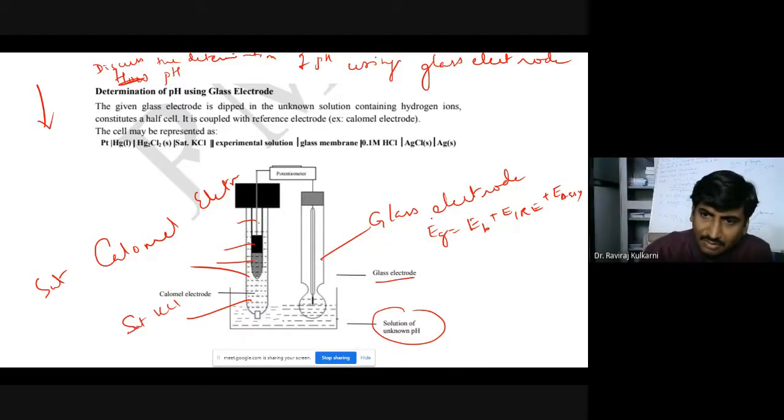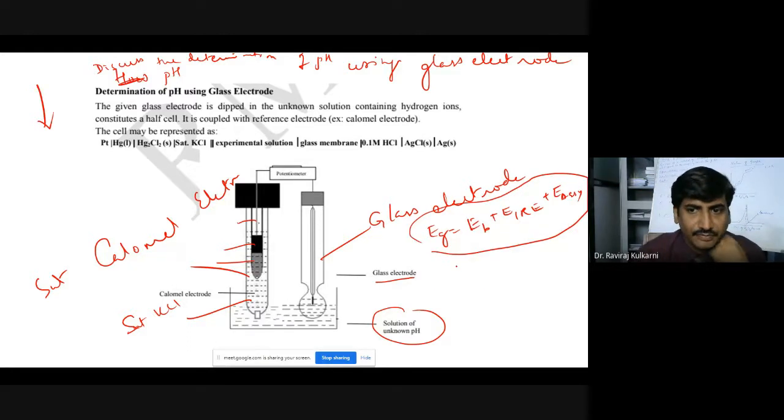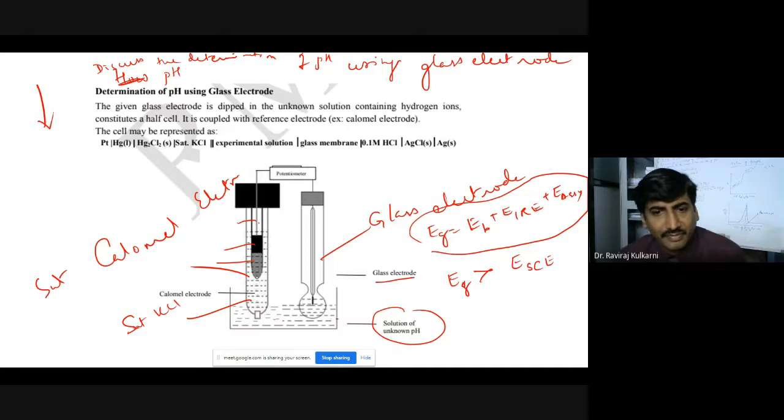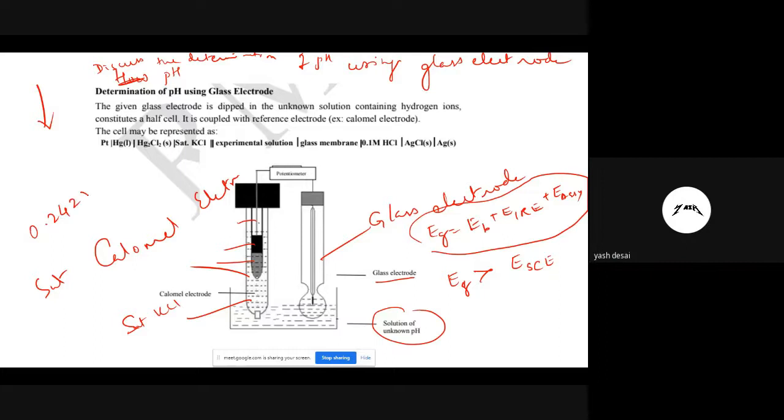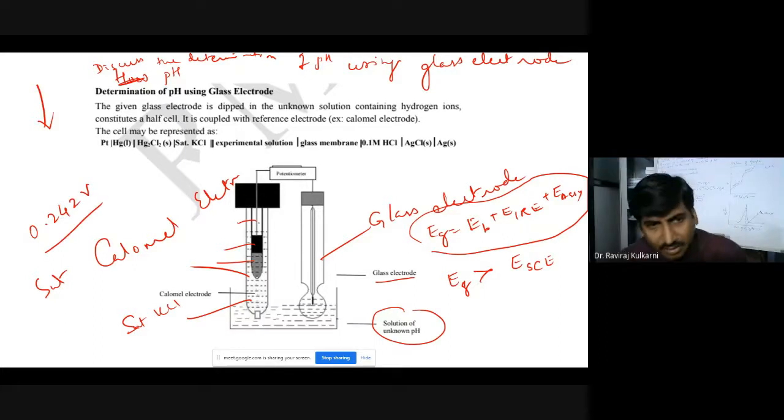So the value of Eg is always greater than the electrode potential of the saturated calomel electrode. What is the potential of the standard calomel electrode? 0.242 volt.